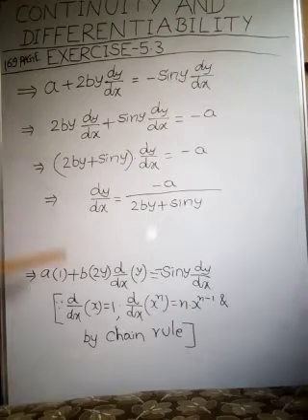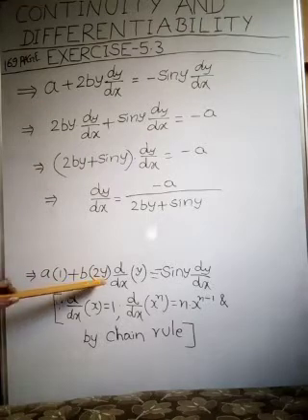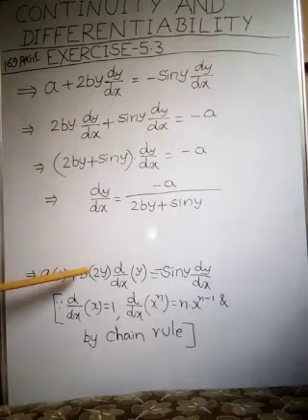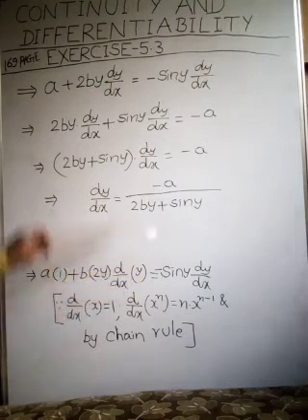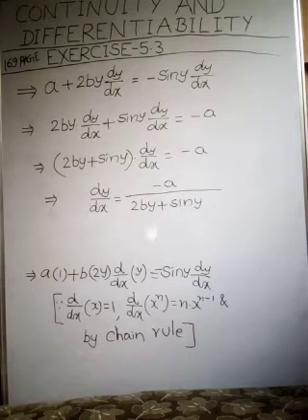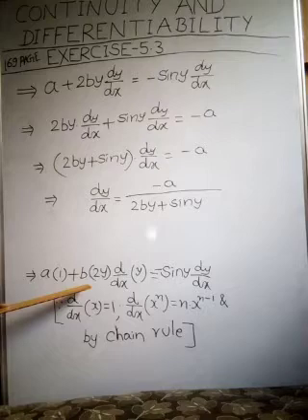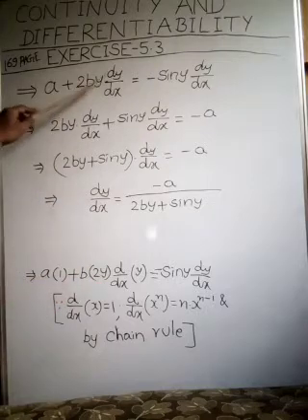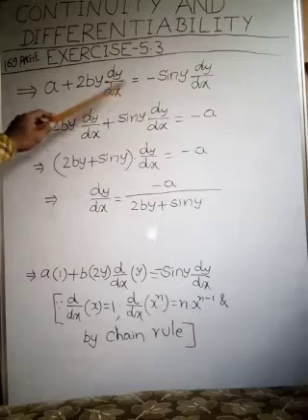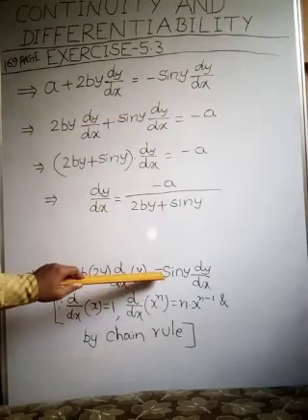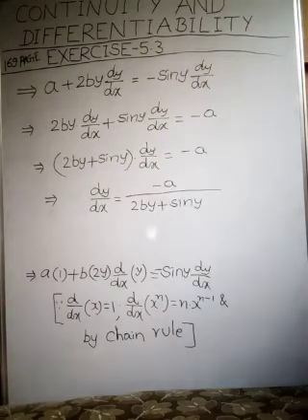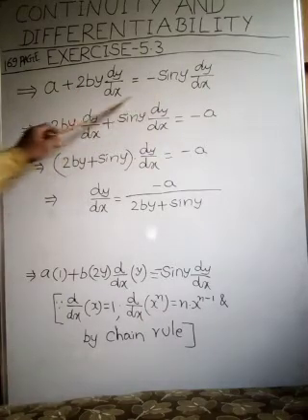Plus b into 2y, which can be written as 2by, into d by dx of y, which means dy by dx. So the second term can be written as 2by dy by dx. Understood, my dear children? Right. Is equal to minus sin y dy by dx. Understood this step, my dear children?